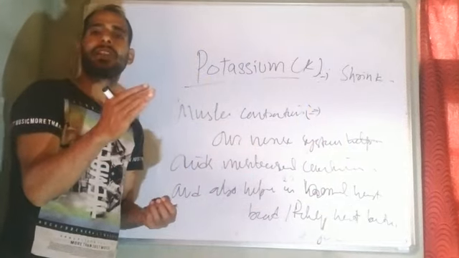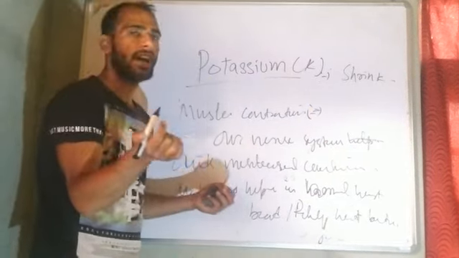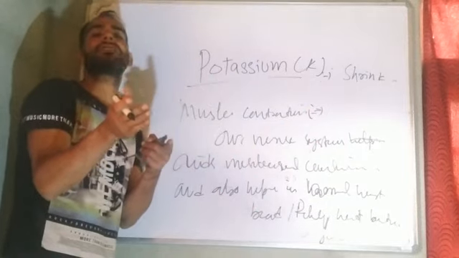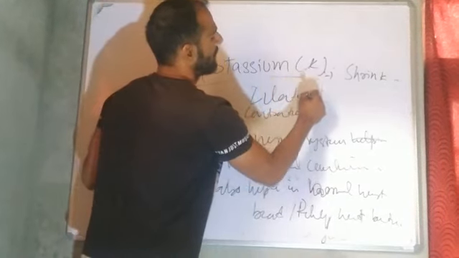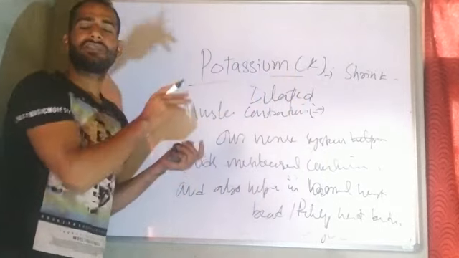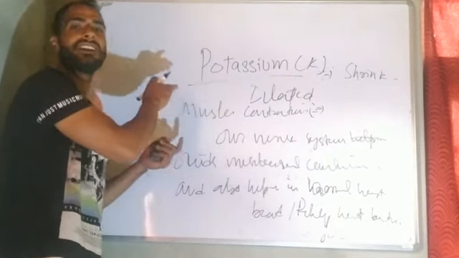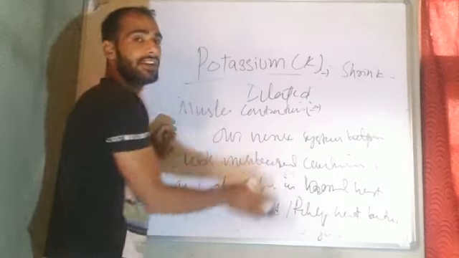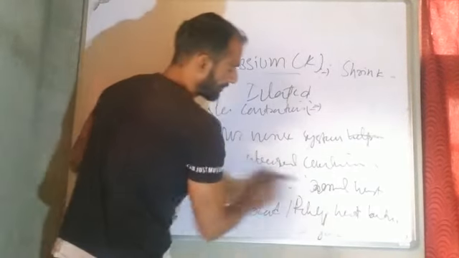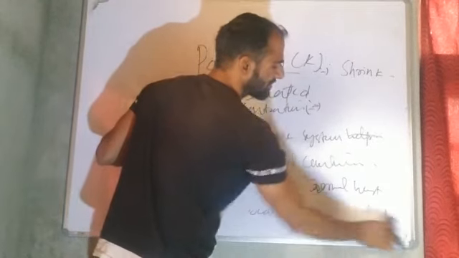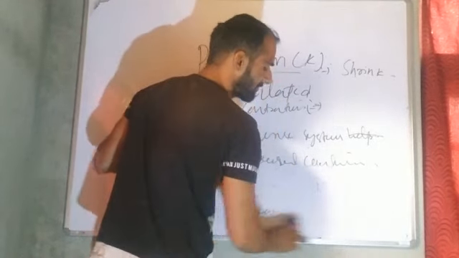And also if we talk about increase in the potassium level of our body, so what will happen to the heart? Obviously there will be increase in the number of the contractions. So heart will get dilated, right? So there will be dilatation of the heart with increase in the potassium level. Okay. So these are some of the important functions of the potassium.